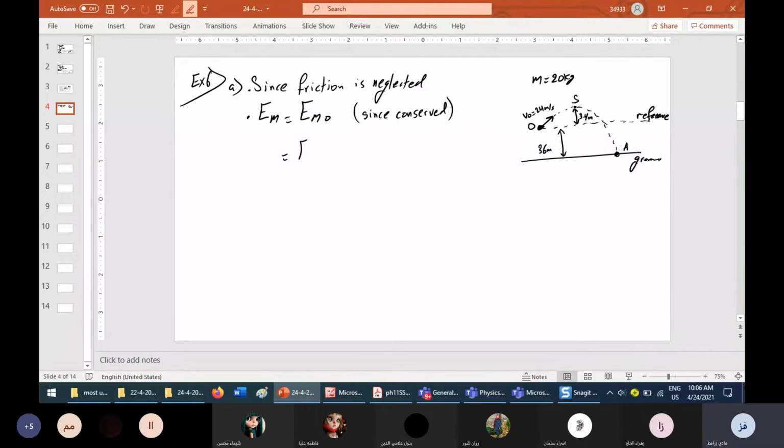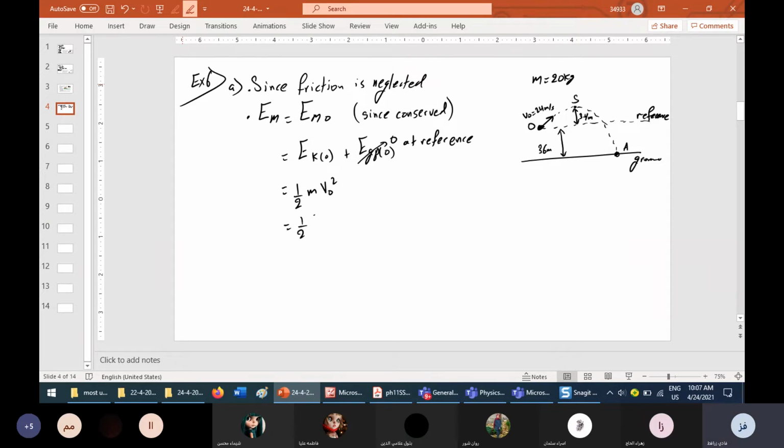Mechanical energy at O is kinetic energy at O plus gravitational potential energy at O. Kinetic energy is half m v0 squared, but the gravitational energy equals 0 because it is at the reference, or no height.